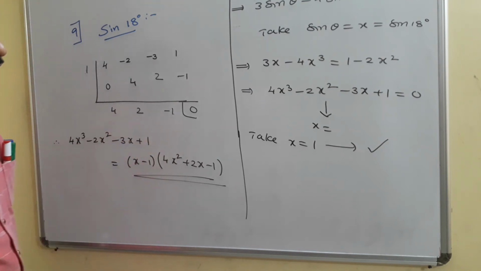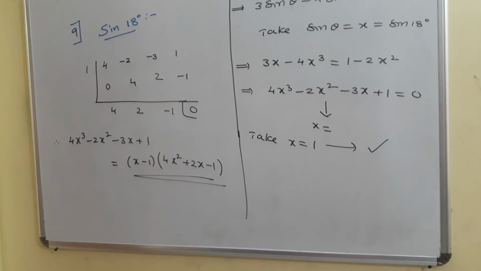Once again, just have a look and take a screenshot. Theta is equal to 18 degrees, 5 theta is equal to 90 degrees. From there 3 theta is equal to 90 minus 2 theta, and we derived a relation on sin theta, a cubic equation. That cubic equation is 4x cube minus 2x square minus 3x plus 1.